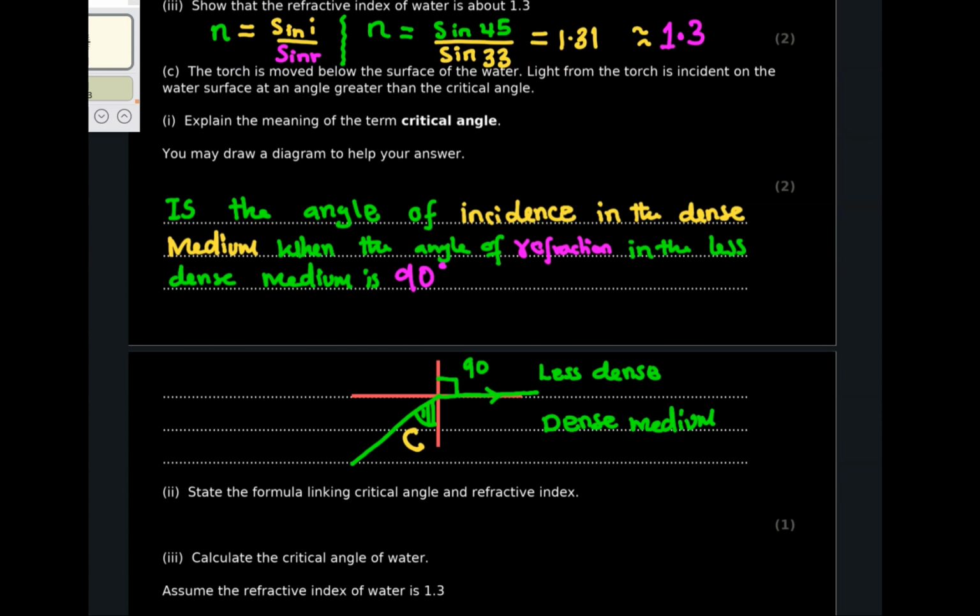So when you have the angle of refraction in the less dense medium equal to 90, then the angle in the dense medium has a special name, and that special name is critical angle.